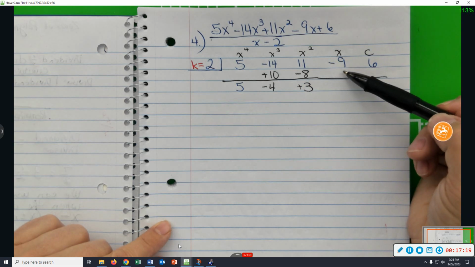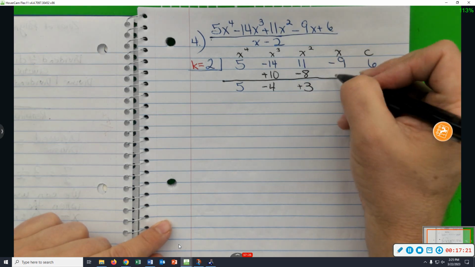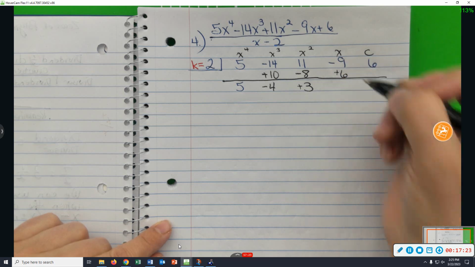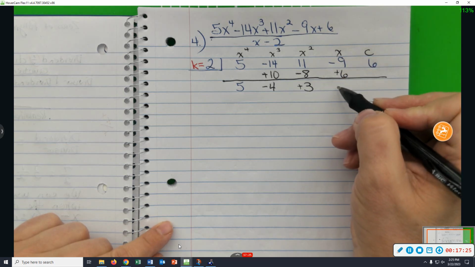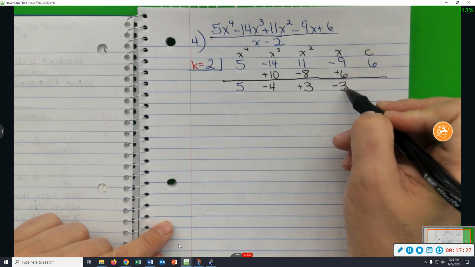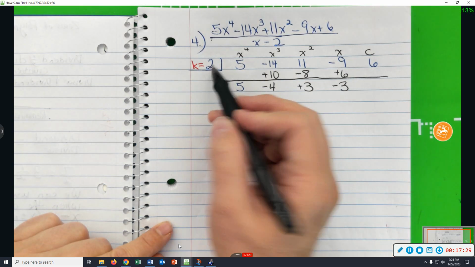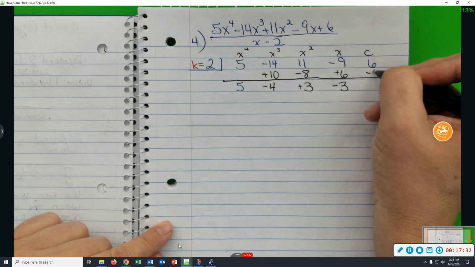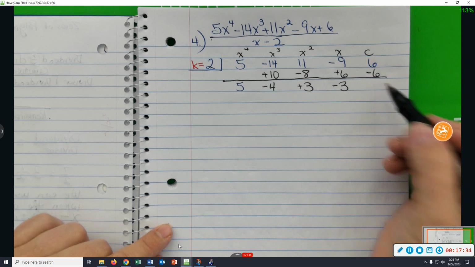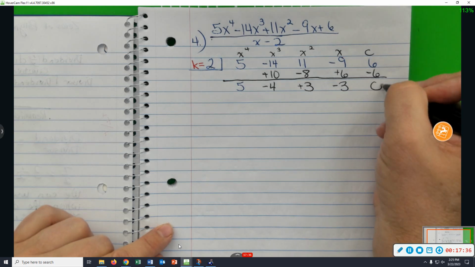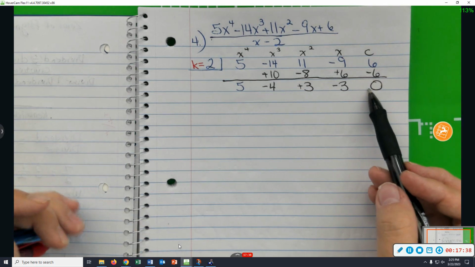What's going to go here? Negative 9 plus 6 gives me negative 3 times positive 2 gives me a negative 6. 6 minus 6 is 0. We have a remainder of 0.